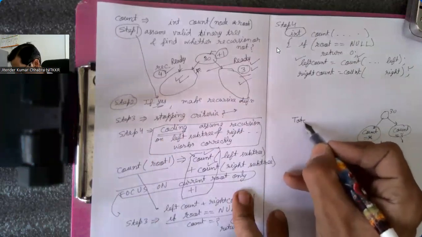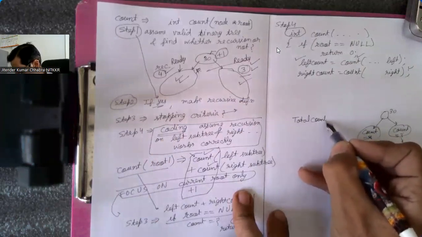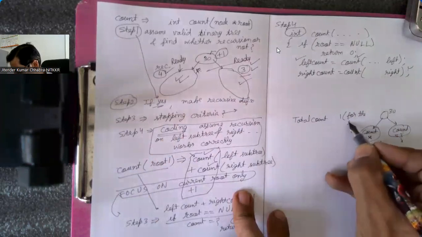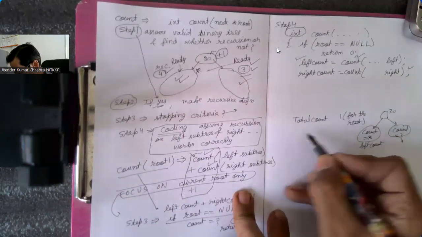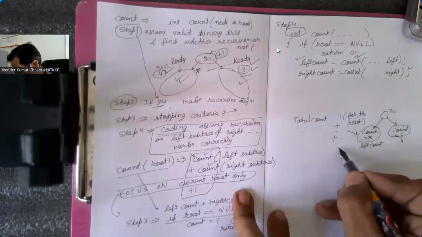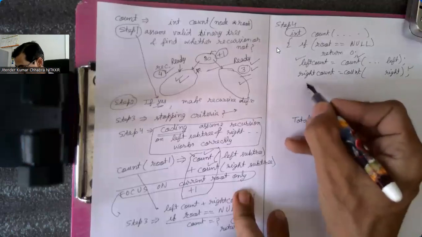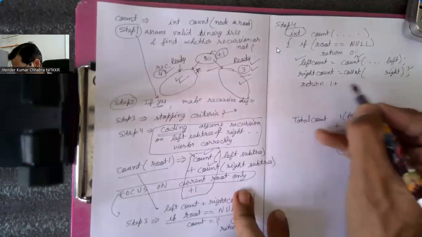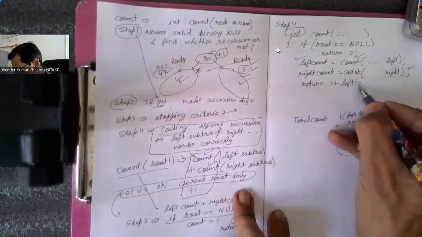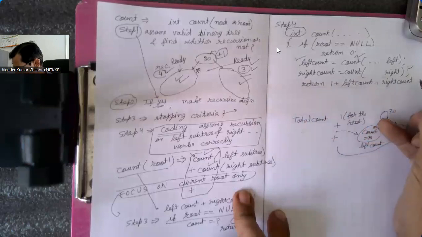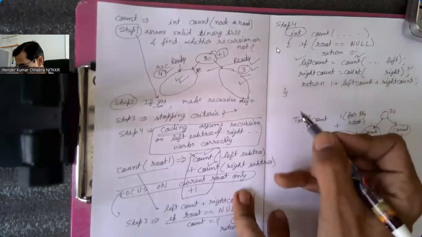Total count is simply 1 for the root, plus this count, plus this count. So I can simply say return 1 plus left count plus right count. This is the simple logic you could easily do.